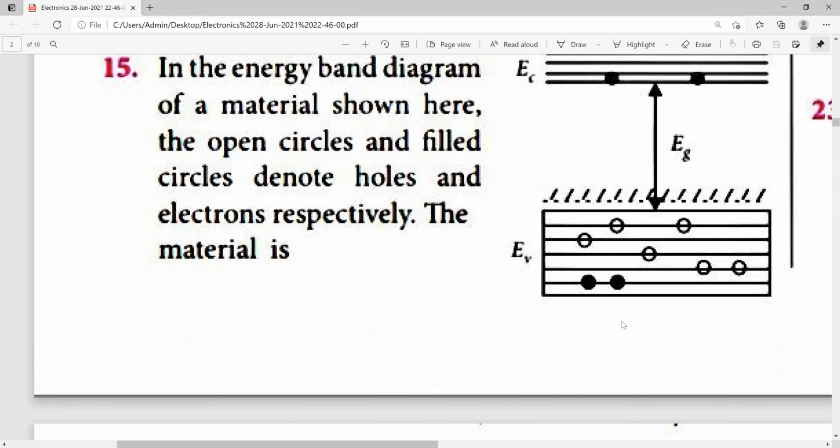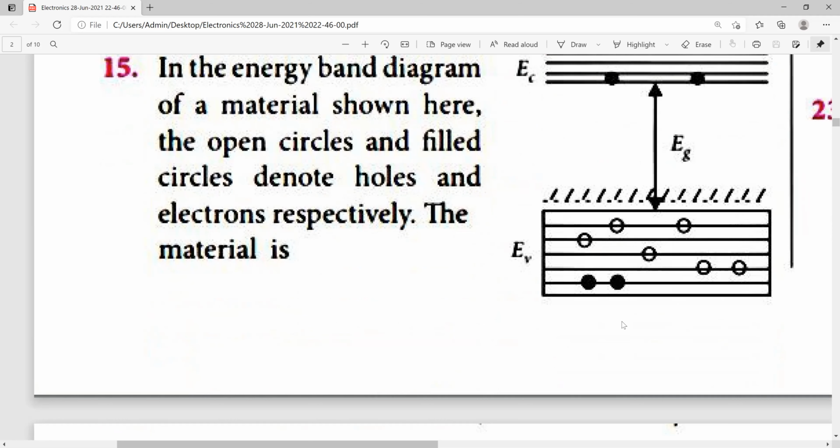For the 15th one, a diagram they have given. In the energy band diagram of a material shown here, open circles and filled circles denote holes and electrons.